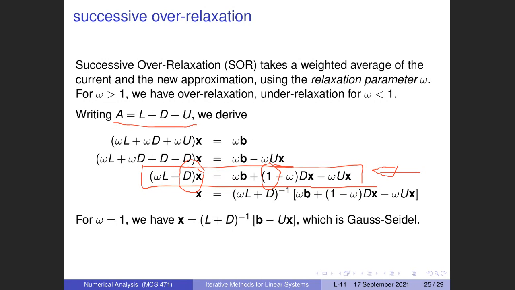So this is a generalization of the method of Gauss-Seidel. When we have the parameter equal to 1, then we have Gauss-Seidel again. You could also see this as though we kind of interpolate.